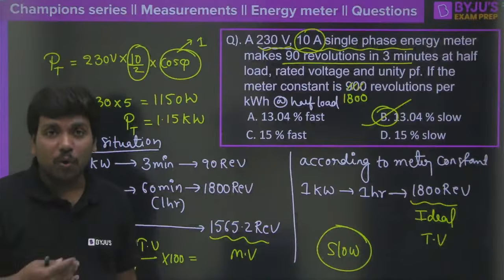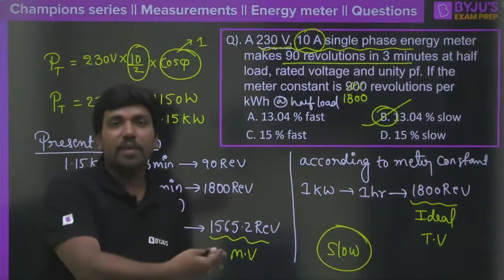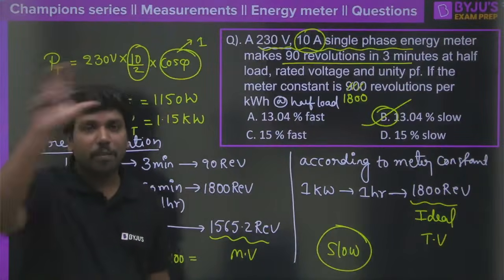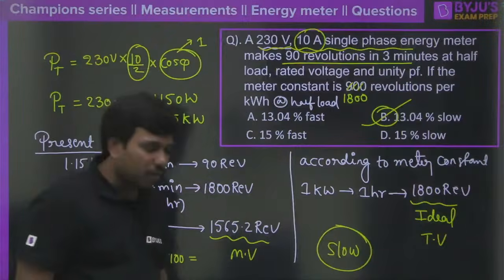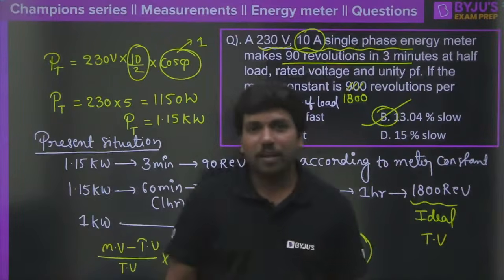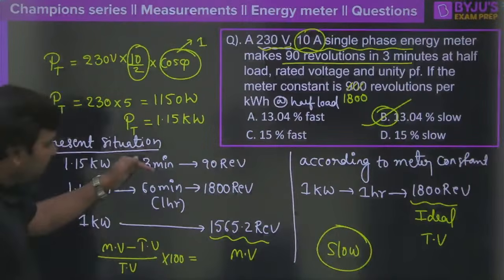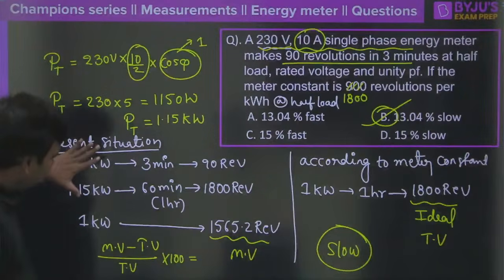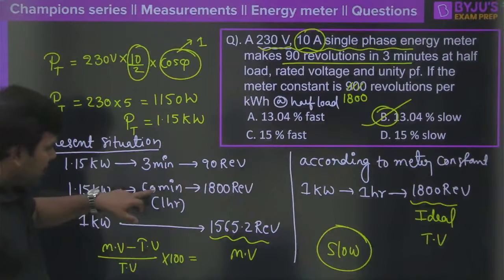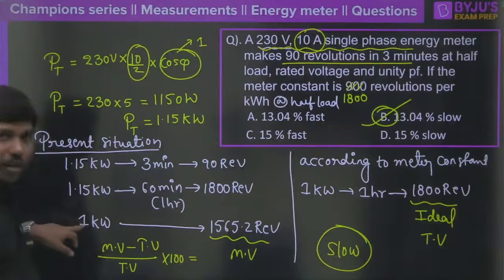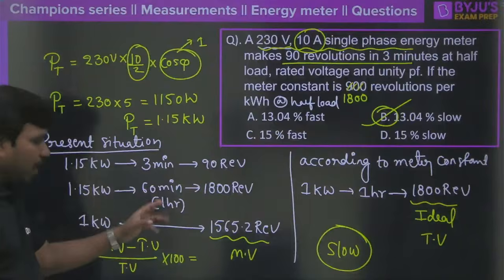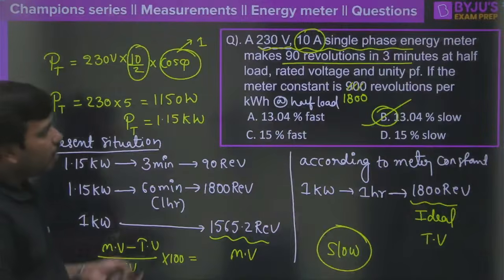You should know how to use the basics instead of remembering so many formulas. If you refer to the textbook, of course there will be so many formulas, but if you go this way, you don't require the formula. The crazy point is here: 3 minutes 90 revolutions means fix the power and go for 1 hour, then look at for 1 kilowatt how much it will go, because time is fixed now. That is how we can do it here.